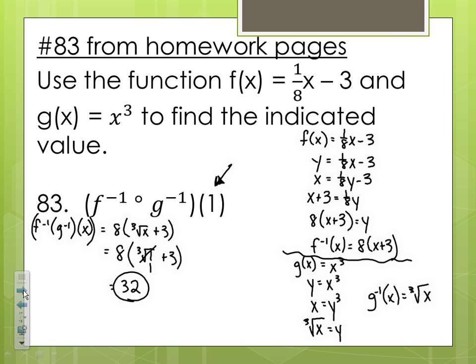So a lot of steps of the things that we've been taught during this section, and for last section, 2.6 as well with that composition. But all of the pieces just come together and build to find this kind of an answer. So you had to find your inverses and then do a composition using those inverses. Then take the value that they give you, in this case it was a 1, and just plug it in and solve.